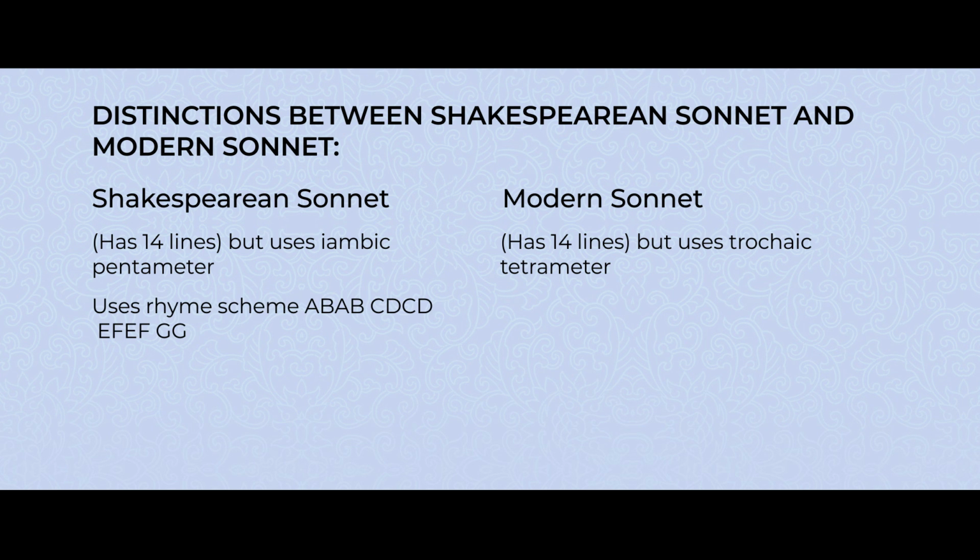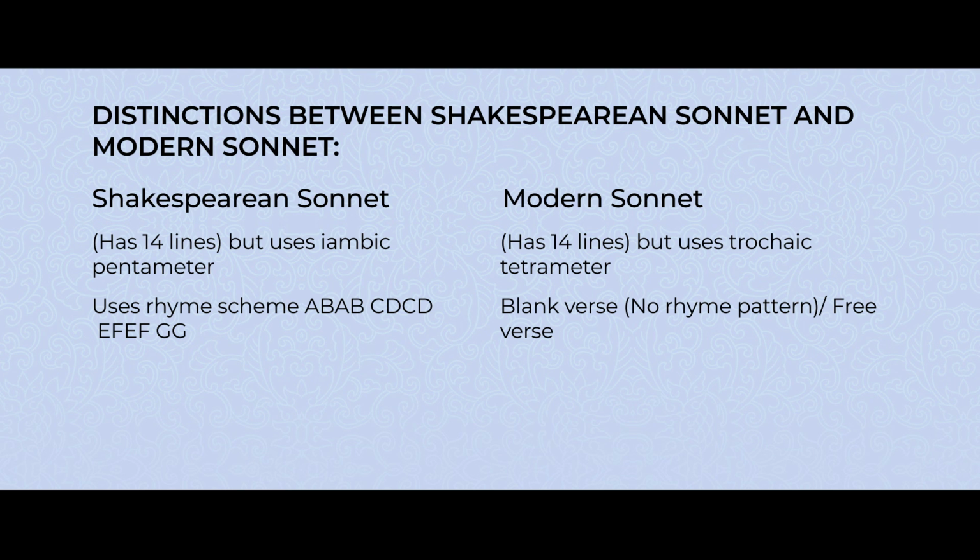Number 2, Shakespearean sonnets use the rhyme scheme AB, AB, CD, CD, EF, EF, GG. Whereas the modern sonnets are normally written in blank verse or free verse. When the metrical pattern is used, but the rhyme scheme is not used, it is said to be written in blank verse.